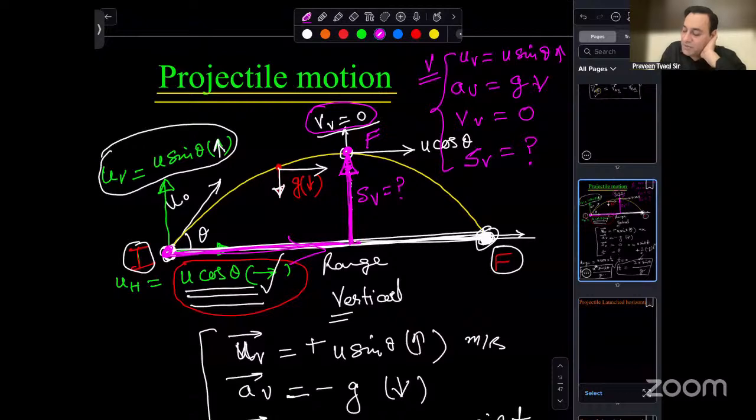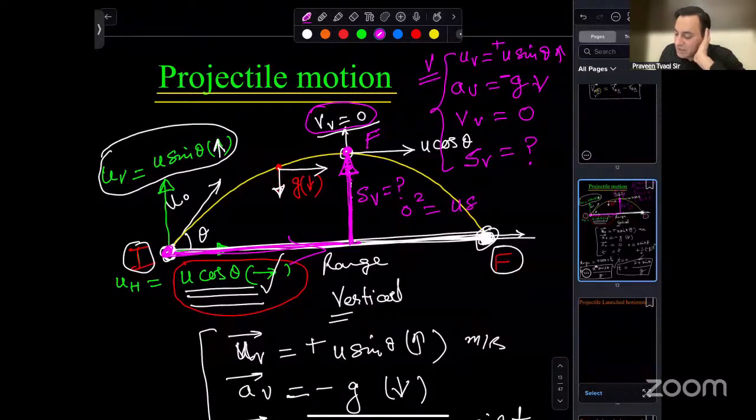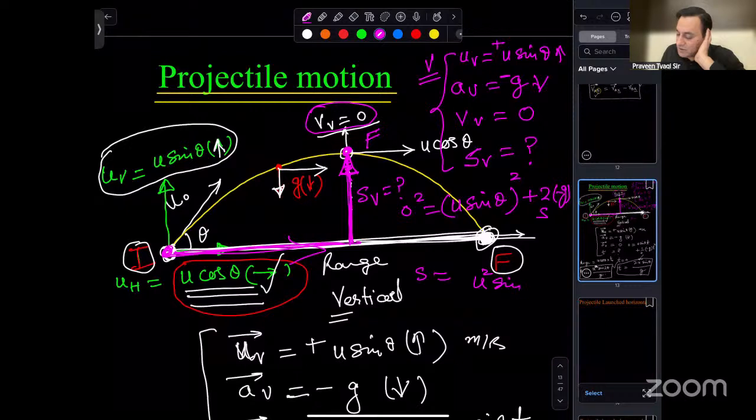I am assuming upward to be positive, so any vector downward will be negative. So we will use v square is equal to u square plus 2as. From here, 0 square is equal to (u sine theta) square plus 2 times minus g times s. And from here, you will get s is equal to u square sine square theta upon 2g. This is the maximum height attained.